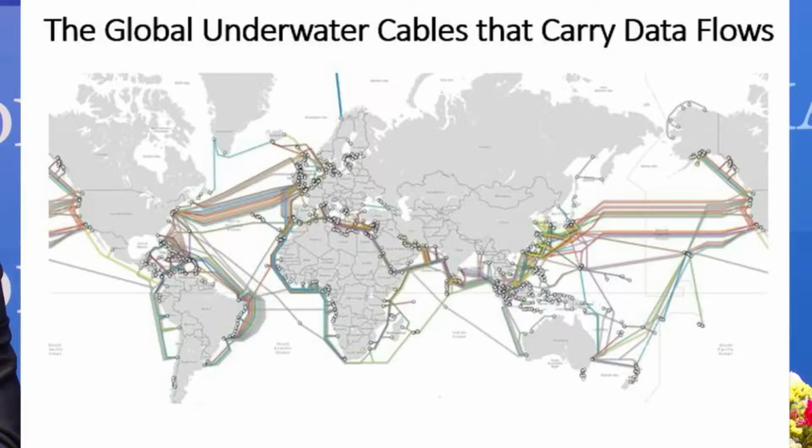The first is just a map. I find it very useful when I talk to students about what is the critical information infrastructure globally, because most people assume that data just flows, but it today flows basically along these underwater cables. And as you can see, they are in many ways a mirror of our common desire to ensure freedom of navigation, which we talk of in the Indo-Pacific context.